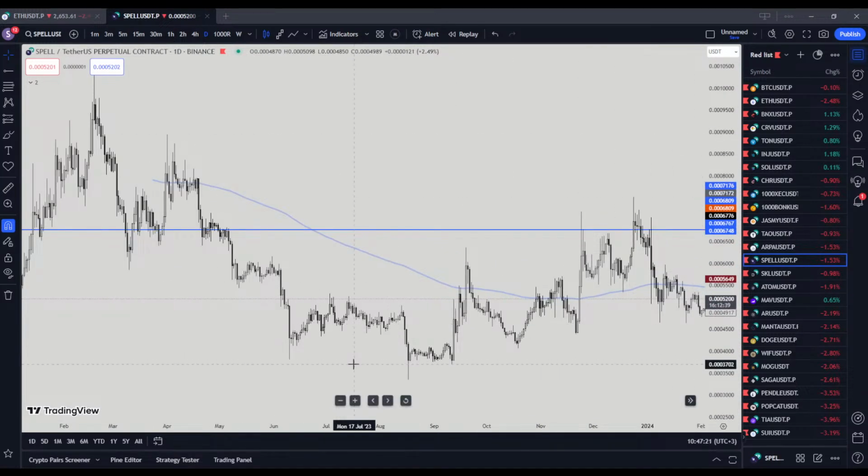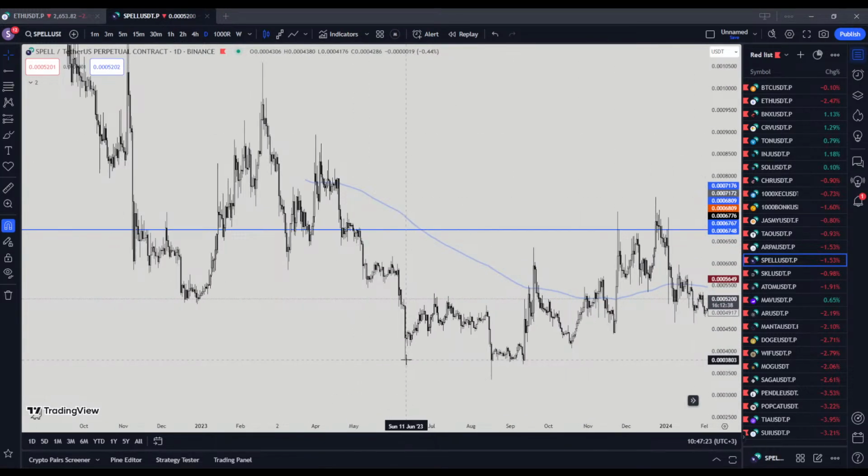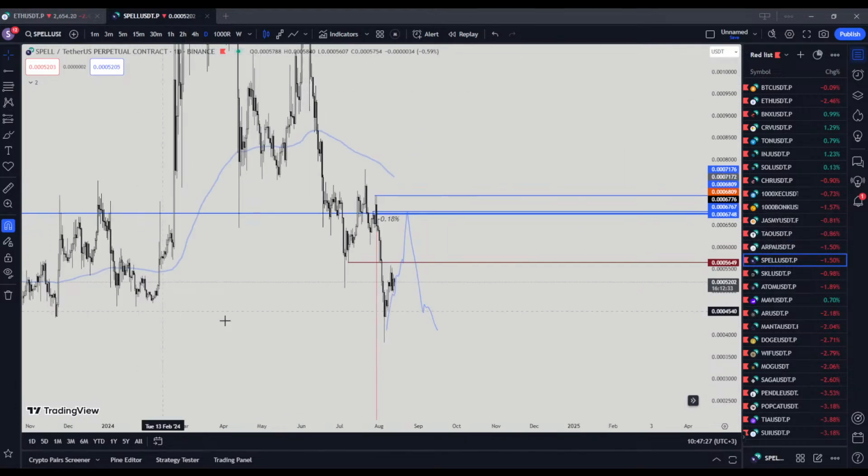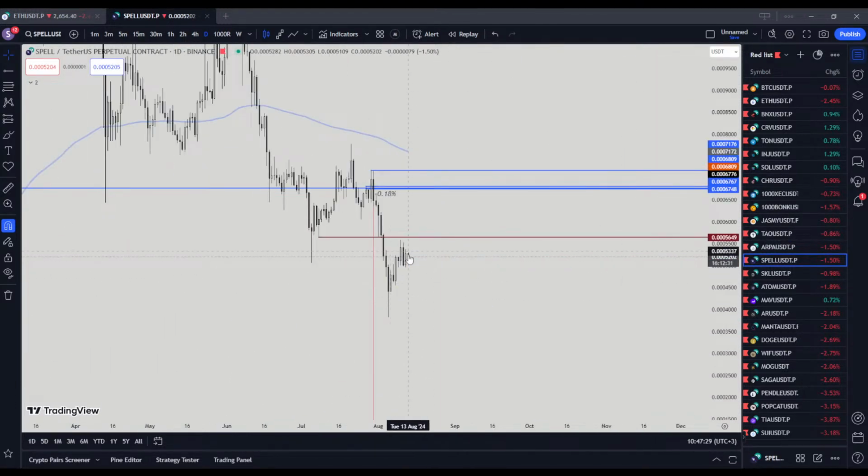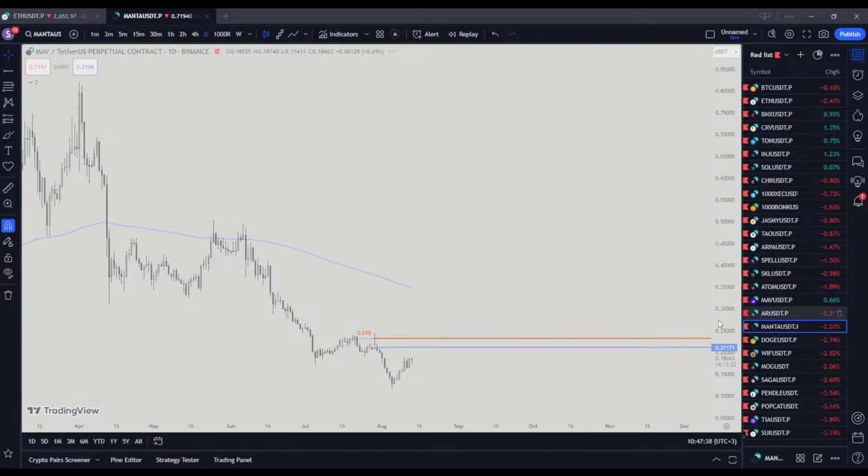Same stuff here. You always want to look for the reclaim of this low. So for example, if we sweep again and we reclaim, that's a good long setup for spot. You want to get some positions on everything.